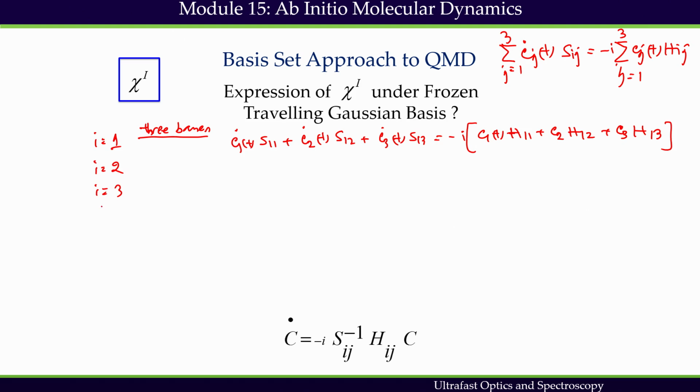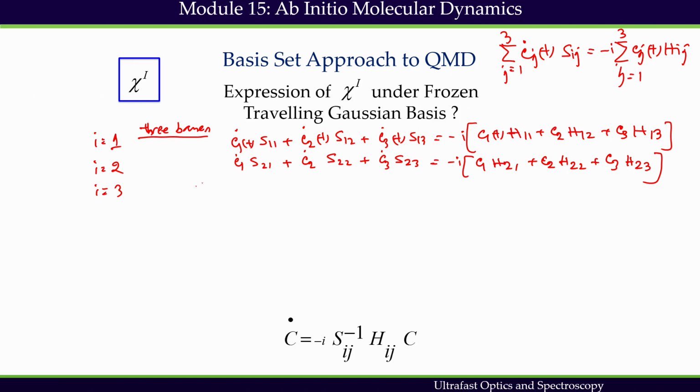For i equals 2 I can write c1 dot S21 plus c2 dot S22 plus c3 dot S23 equals minus i times (c1 H21 plus c2 H22 plus c3 H23).